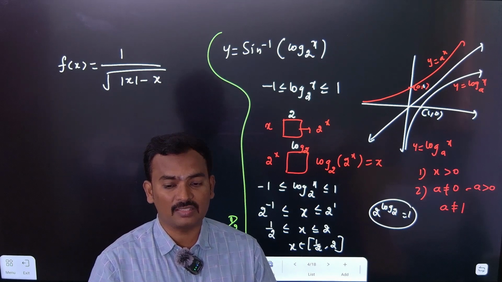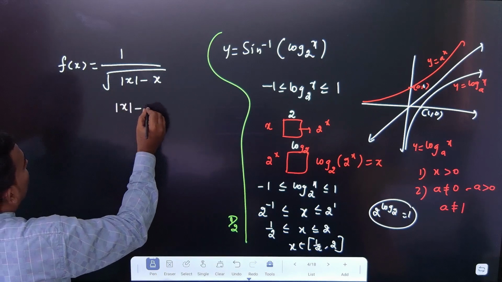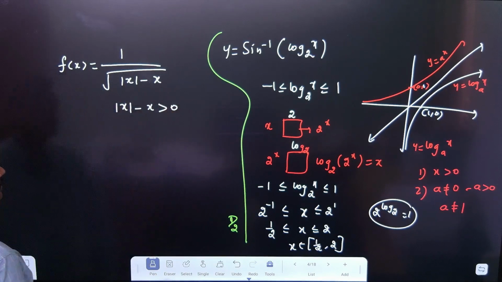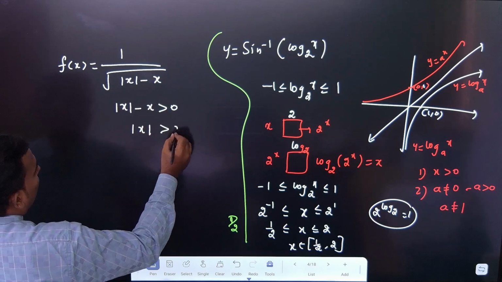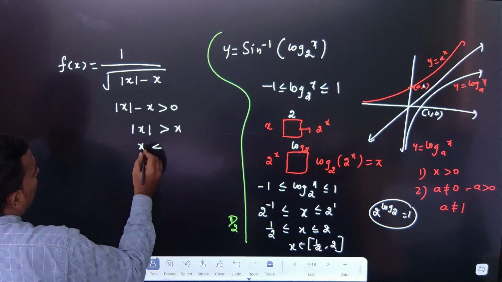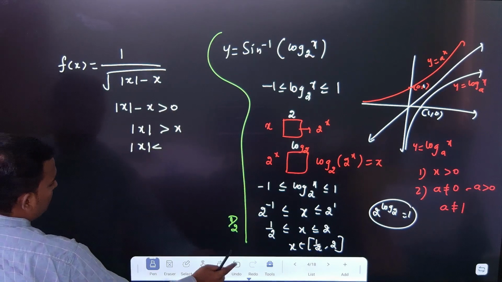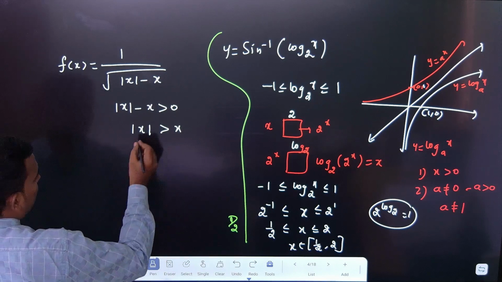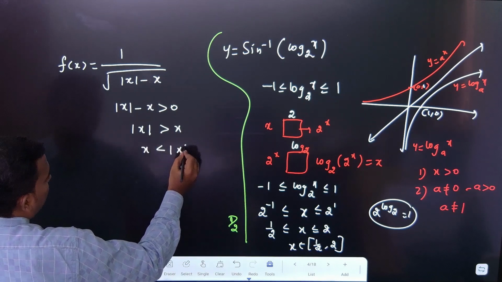But with the denominator there, it should be strictly greater than 0, right? Therefore mod x minus x is greater than 0. So what values of x will satisfy it? You can say mod x should be greater than x. Mod x is larger, right? So x should be less than mod x.